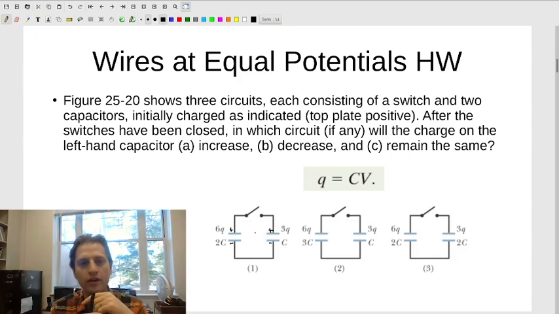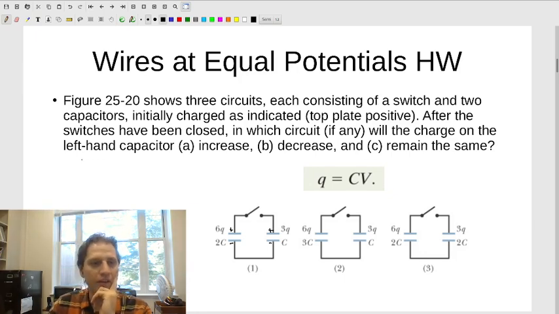How do I know that? Well, sorry, I misspoke. The voltage across that wire is constant. Doesn't have to be zero, just constant.